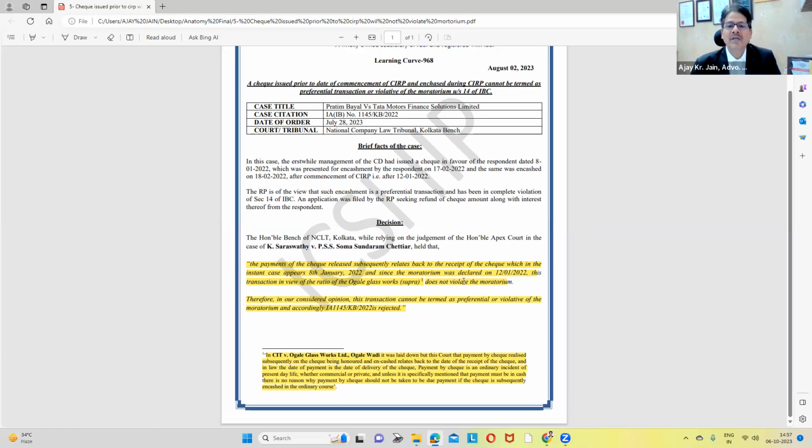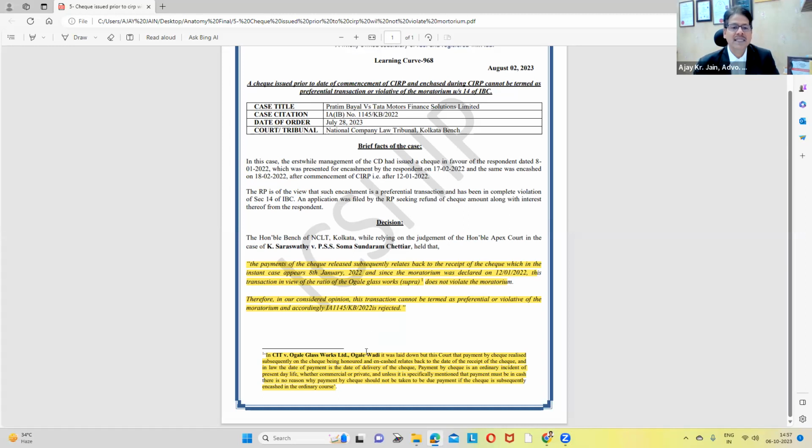And since the moratorium was declared on 12th January, the check was issued on 8th January 2022. This transaction, in view of the ratio of the Ogale Glass Works, does not violate the moratorium. Therefore, in our considered opinion, this transaction cannot be termed as preferential or violative of the moratorium and accordingly is rejected.